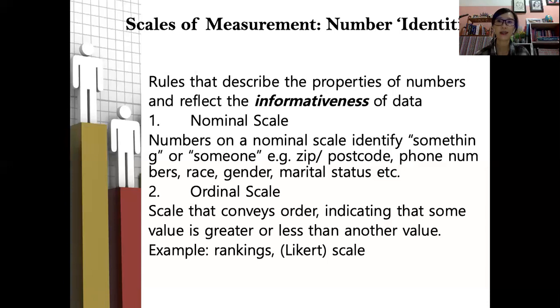And when you have that kind of number, you have a nominal scale. For example, the easiest example will be gender. As you know that there are categories of gender. The classic categories will be the binary gender group, male and female, or female and male, right?